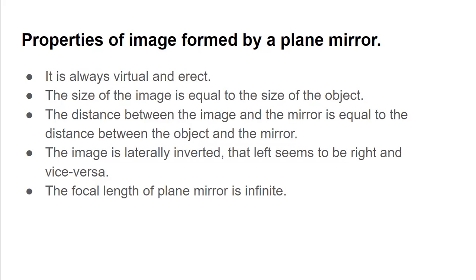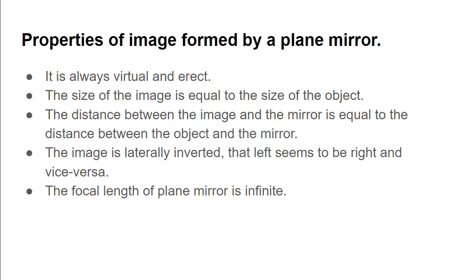The second one, the size of the image is equal to the size of the object. Third one, the distance between the image and the mirror is equal to the distance between the object and the mirror. The distance is the same for the object and the image.